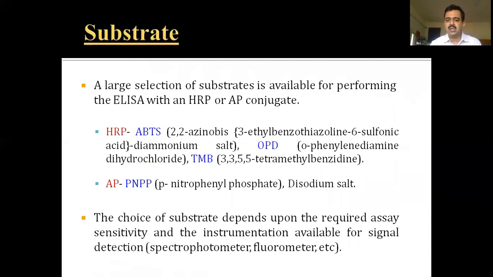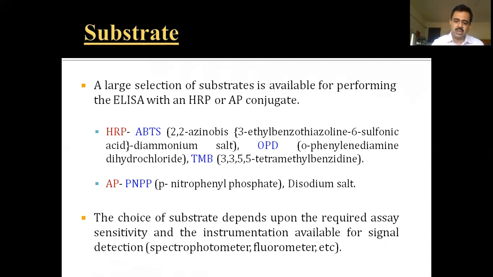Substrate. A large selection of substrates is available for performing ELISA with HRP and AP conjugates. For HRP: ABTS, that is 2,2'-azinobis 3-ethylbenzothiazoline-6-sulfonic acid diammonium salt, OPD, and TMB. With alkaline phosphatase, it will be PNPP, that is para-nitrophenyl phosphate disodium salt.